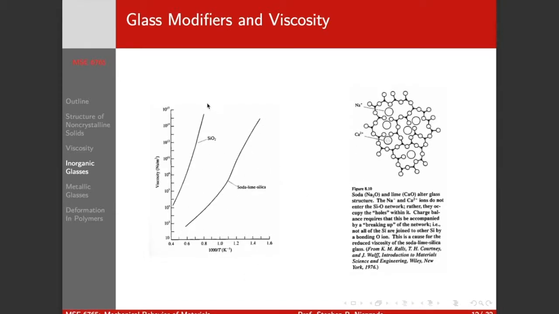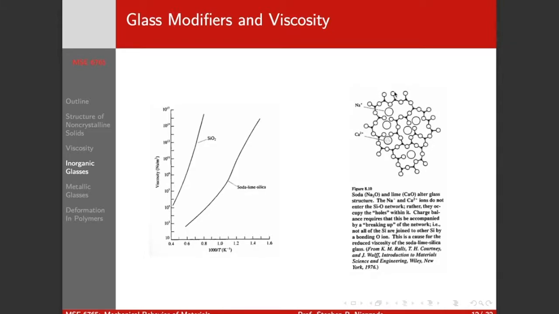So here we have pure silica, and if we make a soda lime glass, meaning adding some Na2O, sodium oxide, and calcium oxide, right? It alters the glass structure, and we have a lower viscosity.